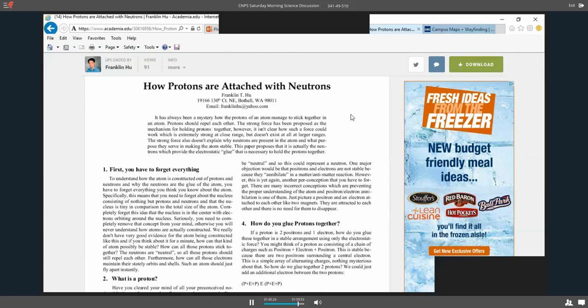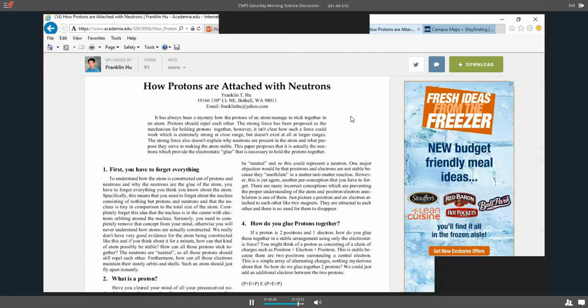Yeah, that's true. I mean, it is strong in the sense that you can't tear atoms apart very easily. But is it this strong force that the mainstream is talking about, which is this kind of weird force, which is super weak when the particles are totally close together?